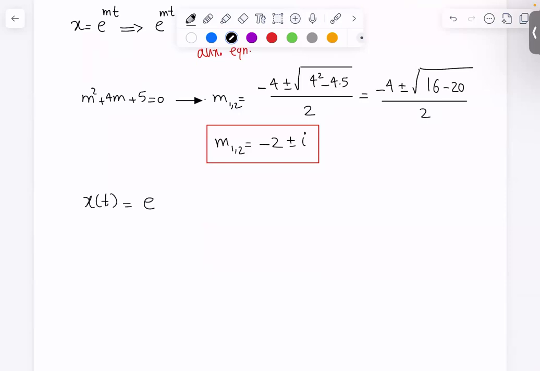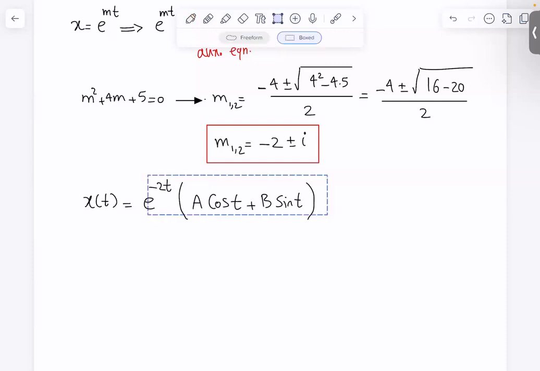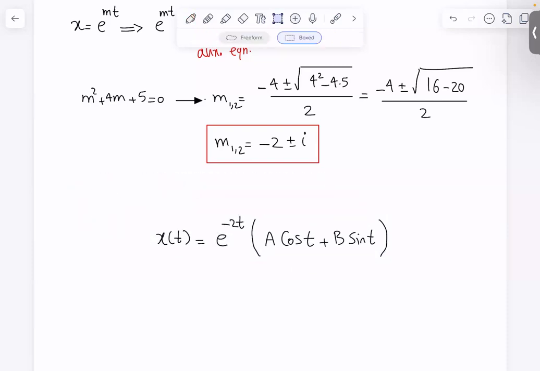You have e to the real part, that's the negative 2t, times some constant a cosine of the imaginary part, which is 1, so cosine of 1 times t plus b sine of 1 times t. Okay, so this is called the general solution.